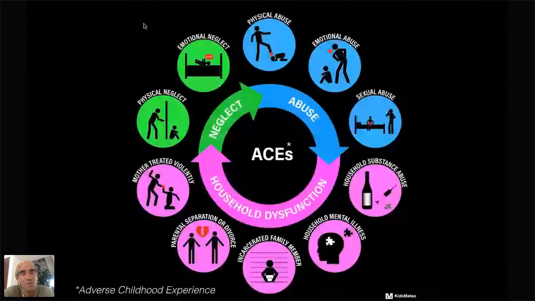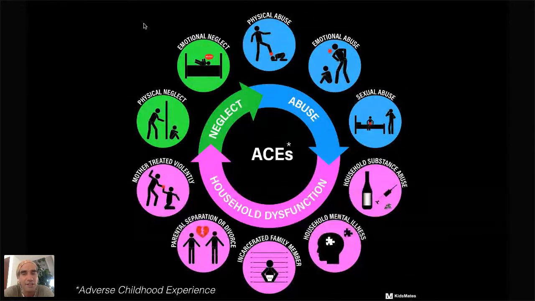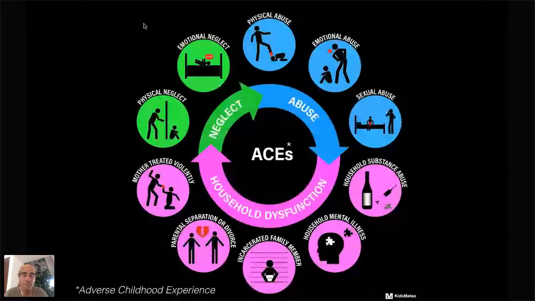Now, why is it that we need to cultivate these things in ourselves? It's because most of us have experienced a lot of times where we were not in nurturing environments. And there's a name for this in childhood development and public health research. It's called adverse childhood experience.